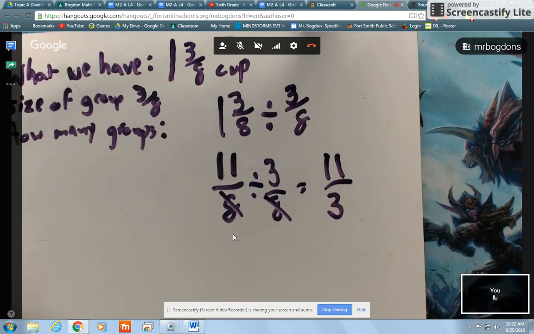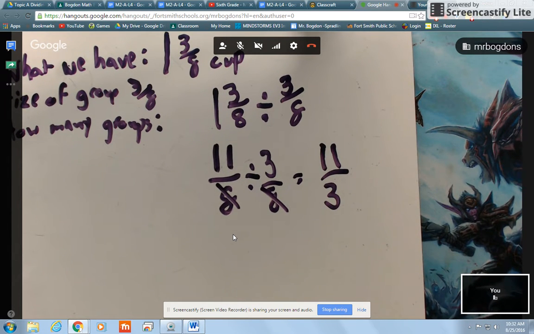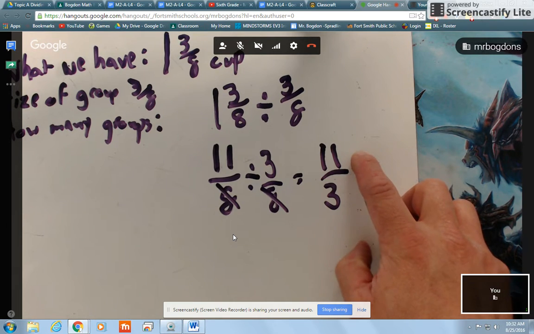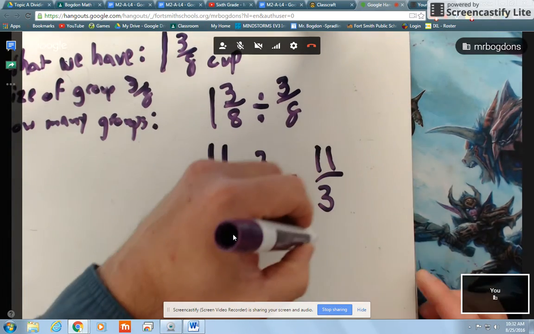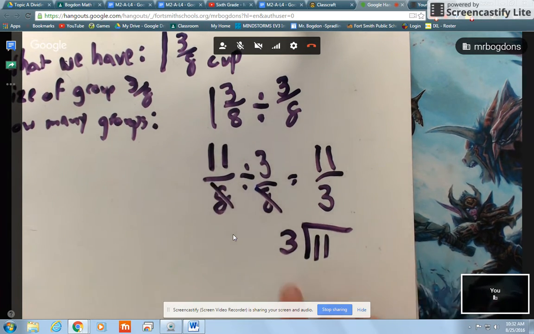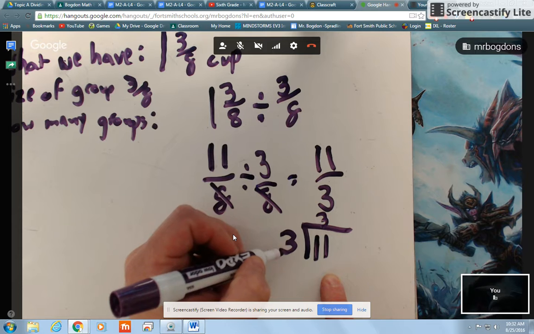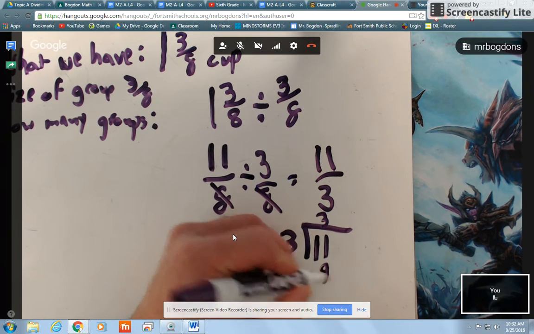So if I have an improper fraction, how can I change that improper fraction to a mixed number, ZZ? Division. How many groups of 3 can go into 11? 3. 3 times 3 is 9.